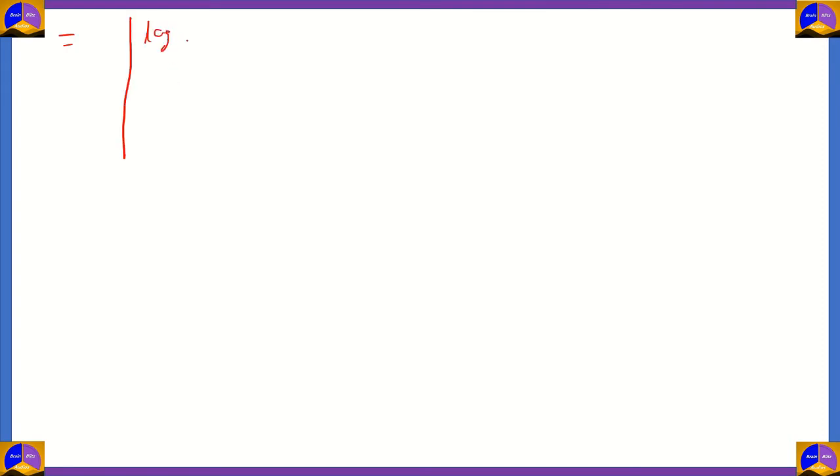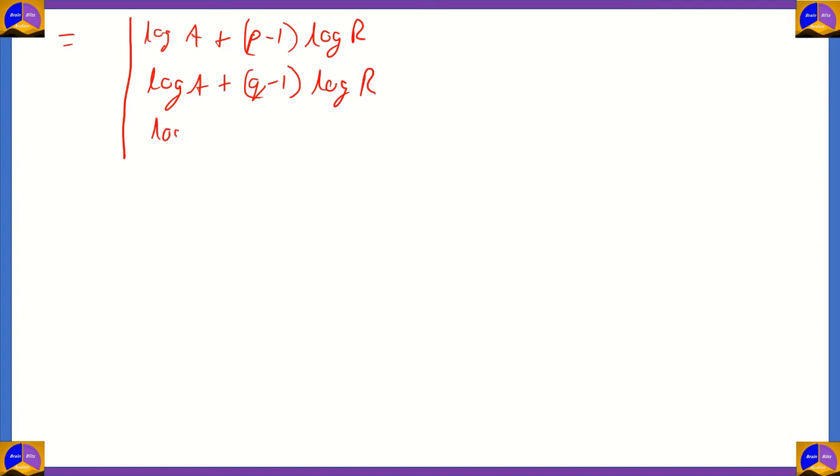It will be log a plus p minus 1 times log r, log a plus q minus 1 times log r, log a plus r minus 1 times log r. And then you have P, Q, and R, 1, 1, 1. So now you have this form of the determinant, where you have substituted log L, log M, and log N.